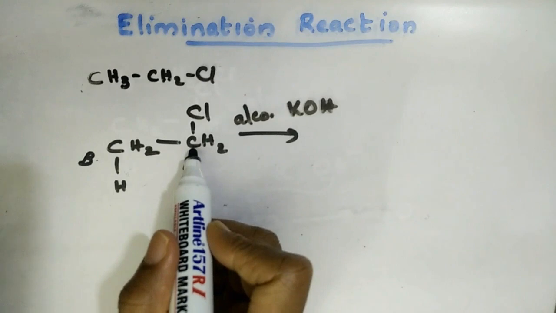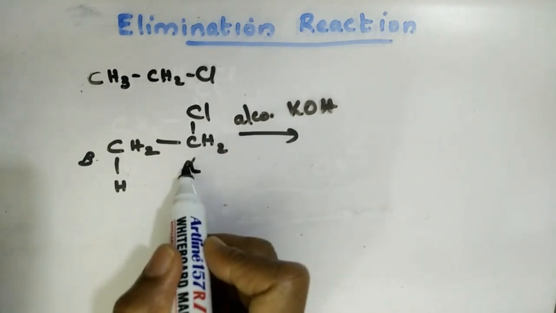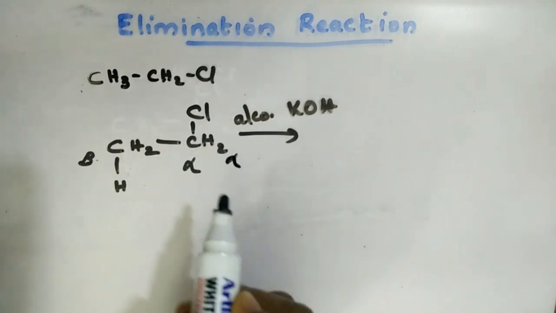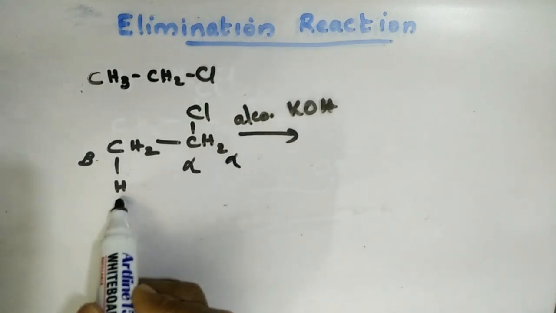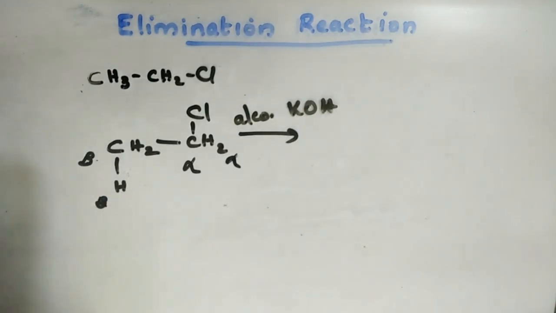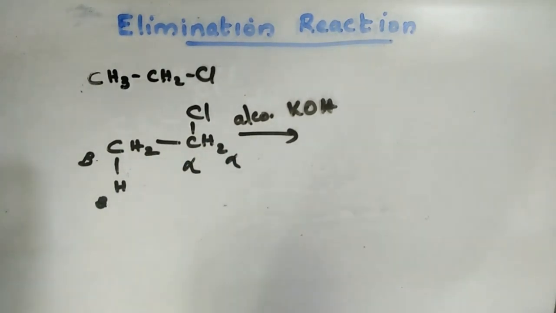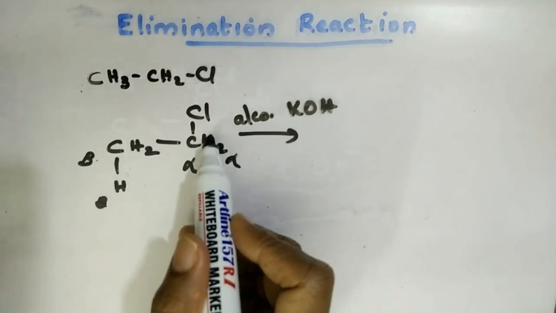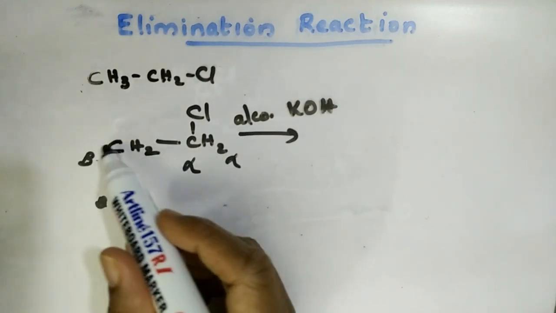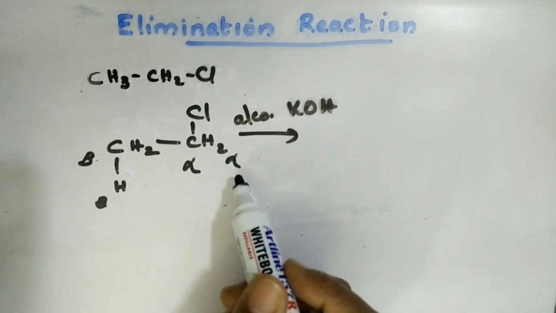The hydrogen atoms attached to alpha carbon atom are called alpha hydrogen atoms, and those attached to beta carbon atom are called beta hydrogen atoms. These two hydrogen atoms are alpha hydrogen atoms and these three are beta hydrogen atoms.